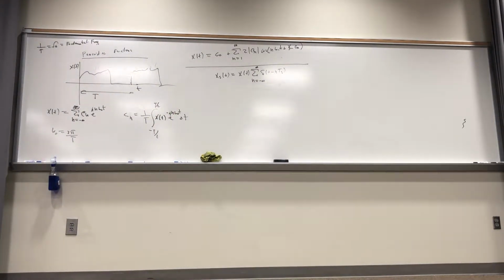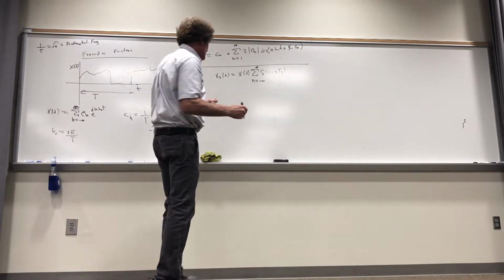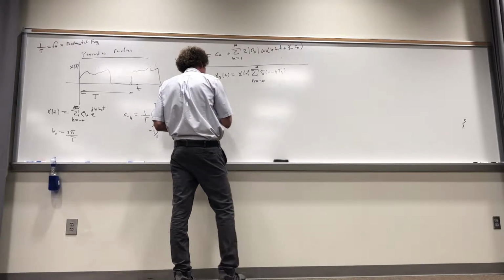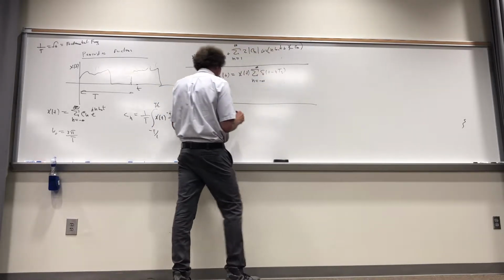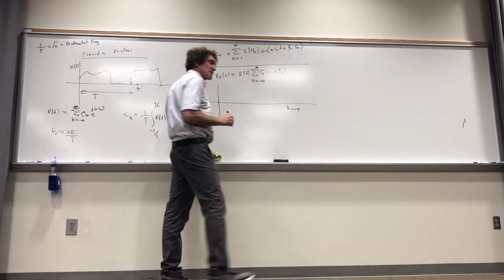Now we have an infinite discrete series, not continuous time. Follow me? And there's a sampling frequency. What it looks like is this, and I'm going to try to be as exact as I can about this. Call this axis now n. We're not going to do it in the time axis, but an n-axis.